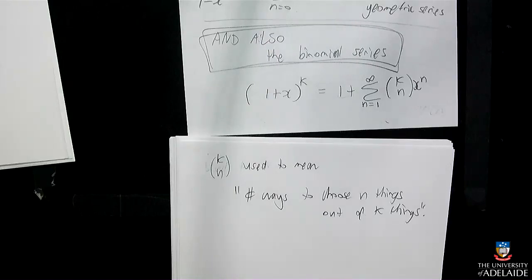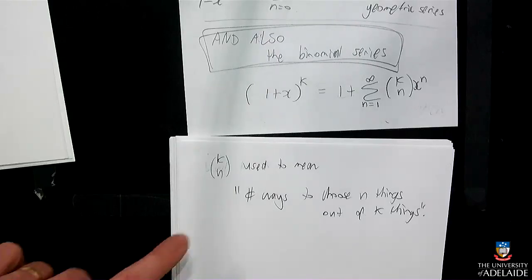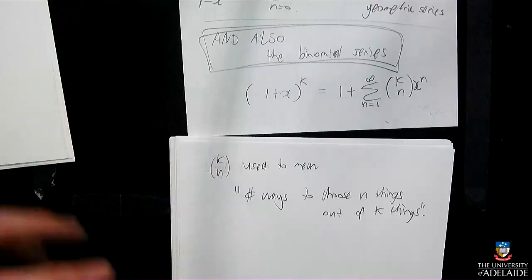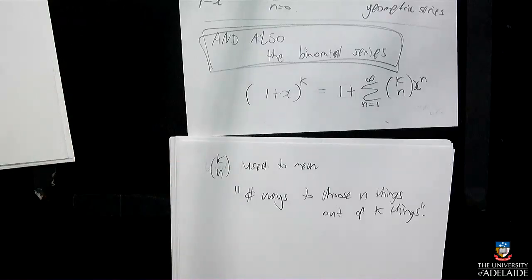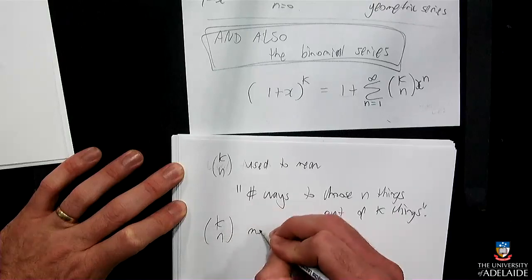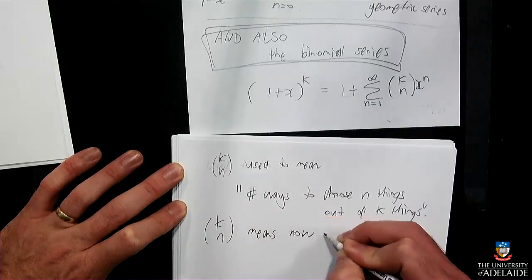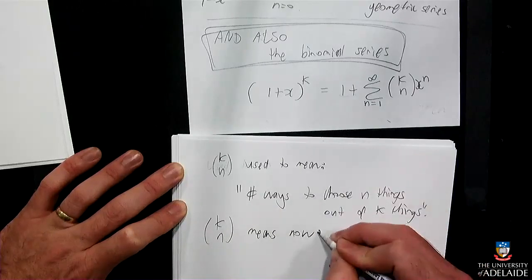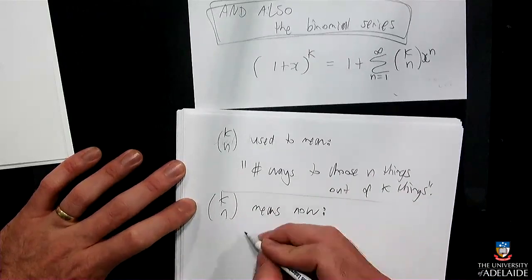It does mean it in the specific case where k and n are both whole numbers, like natural numbers. Then yes, it does mean that, and the reason it means that I will get to in a minute. What it means now is something else entirely. So it used to mean this. Now it means this.